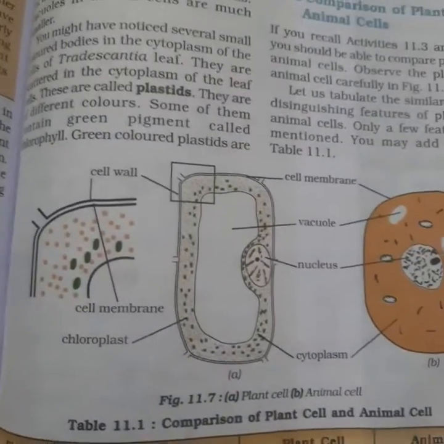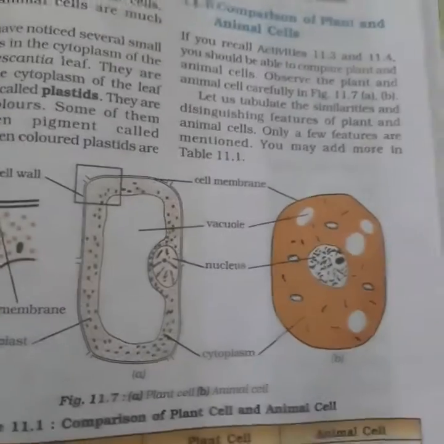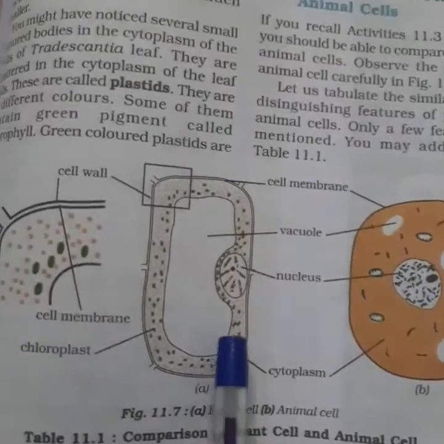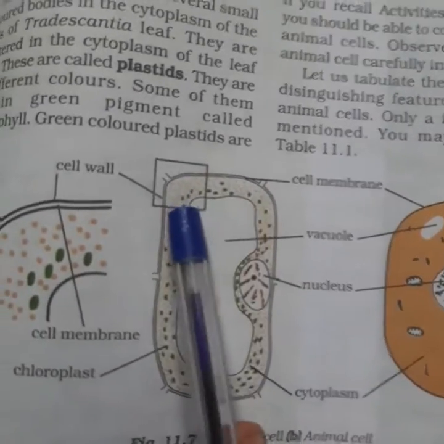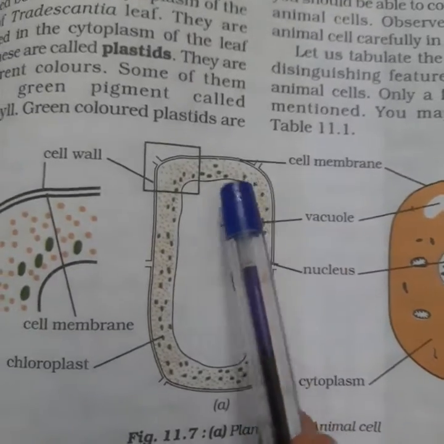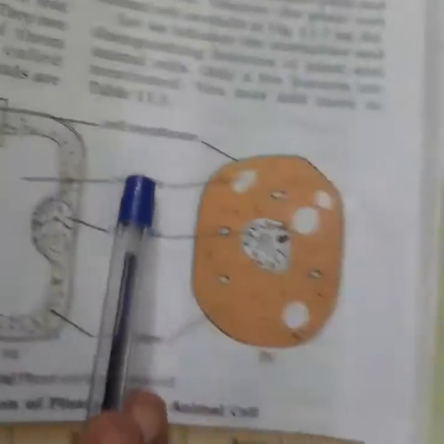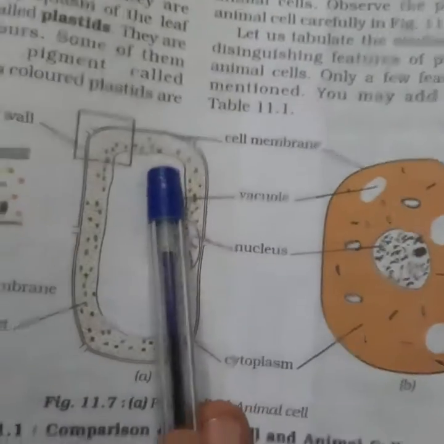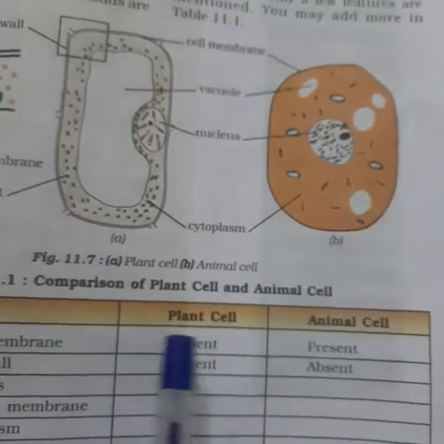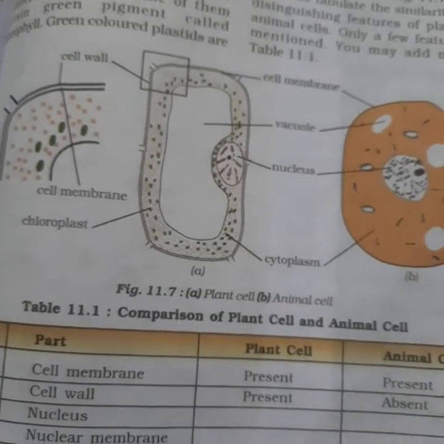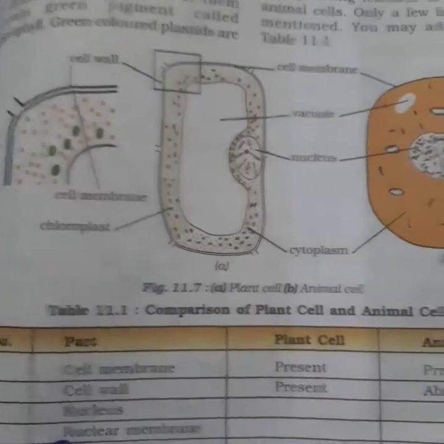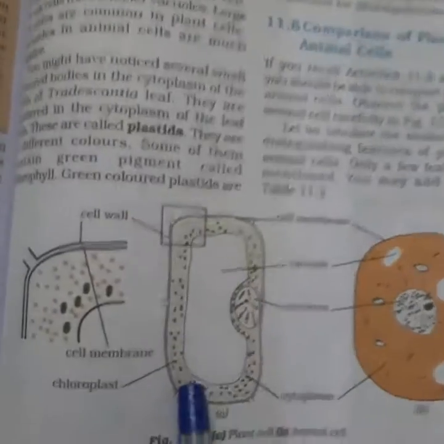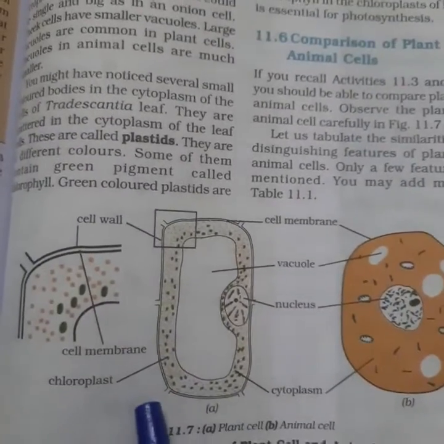So first they have given two examples. I will show you, then remaining things you have to do. So cell membrane is present. Yes, it is present in the cell of the plant. Is it present in the cell of the animal? Yes, it is present. So cell membrane is present in both of the cells, plant cell and animal cell. And cell wall, let us see. In the plant cell, cell wall is present.